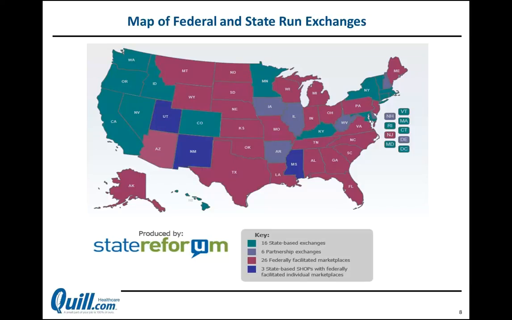And you can see the breakdown in the greenish color here for those that are state-based, and the pinkish color are the federally managed marketplaces. And if you added up these numbers, you're probably wondering how come the United States now has a 51st state, and I'm the first one to tell you that we've inherited a new state. No, we do not have 51 states. We count Washington, D.C. on this map, but basically that's how this shakes out.